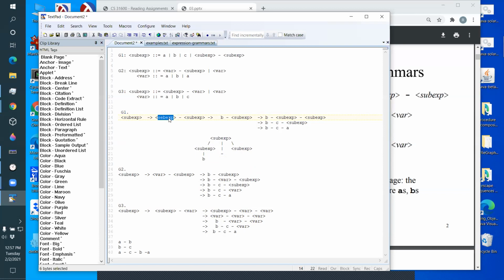This one just gave me the B. Then this one branched into three again. It's going to have its left branch, its center branch, and its right branch. The left branch is a sub-expression.